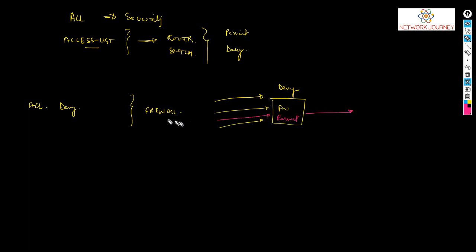That's how the firewall works. Whereas in the case of a router and a switch, everything is allowed by default. It will just see the routing table and forward it. In the case of a switch, it will see the MAC address table and forward it.